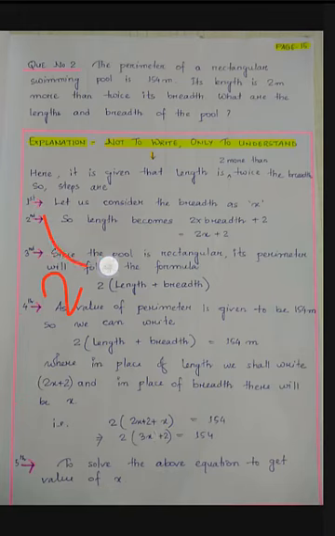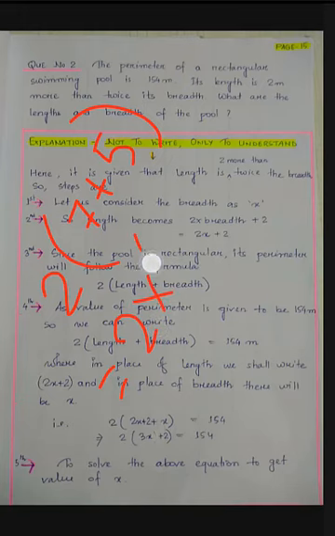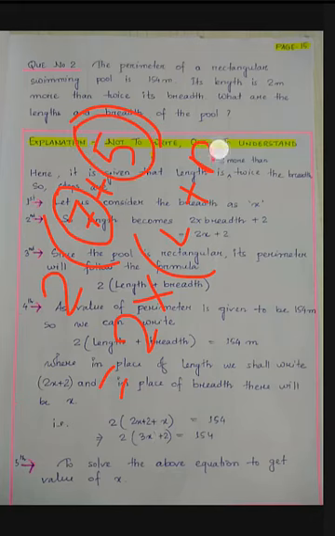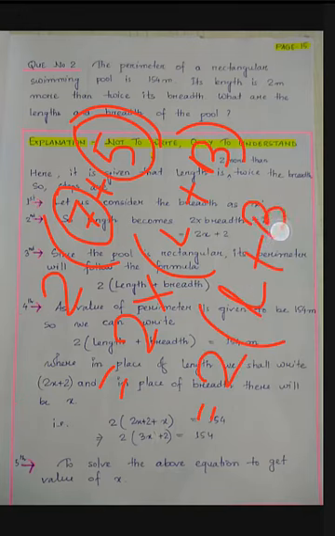In place of this 7 it is L, and in place of 5 it is B. So ultimately the perimeter of a rectangle will be twice (L plus B). This is the formula applicable in this case.